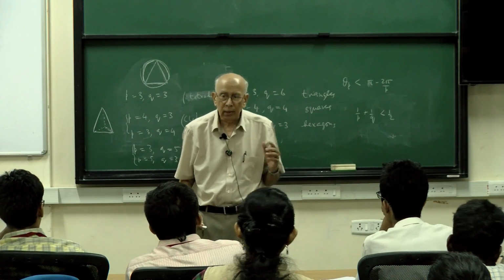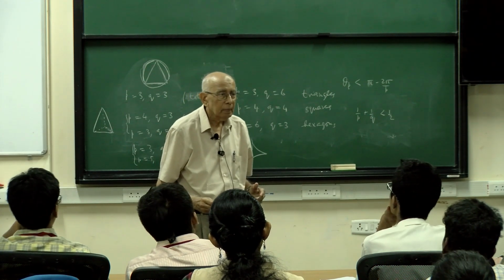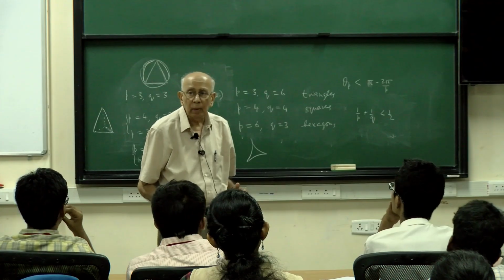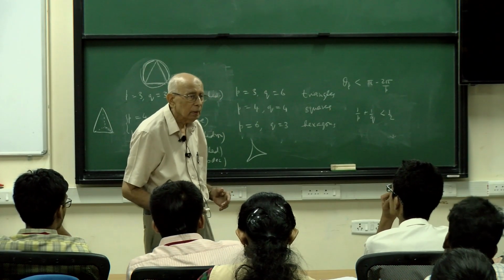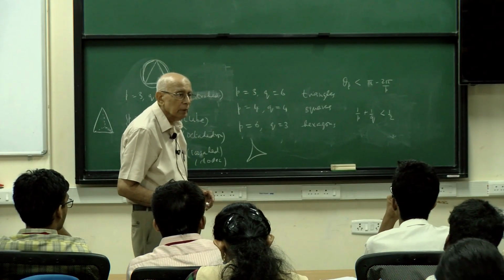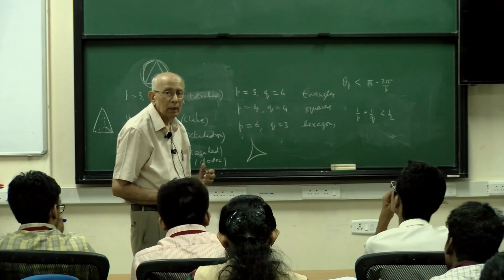How many solutions are there for this? Are there infinitely many? There are infinitely many possibilities. Any regular polygon will serve as tiles. So you see immediately how strong the curvature condition is.